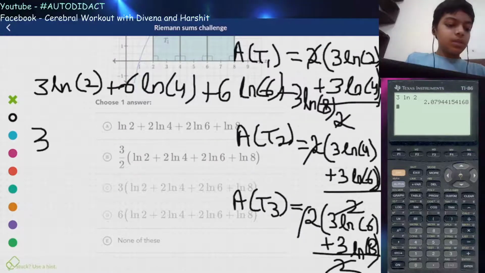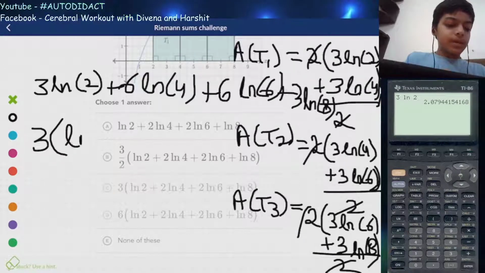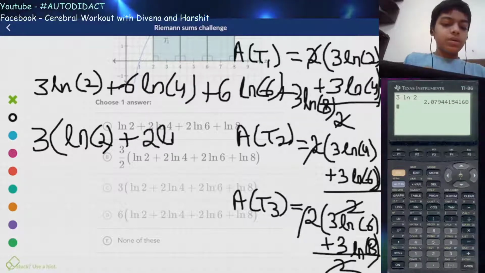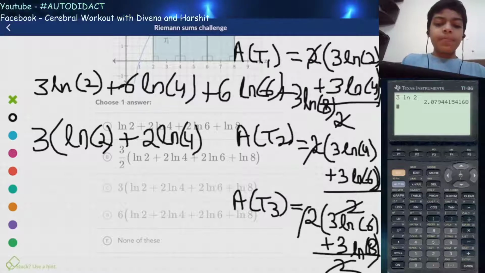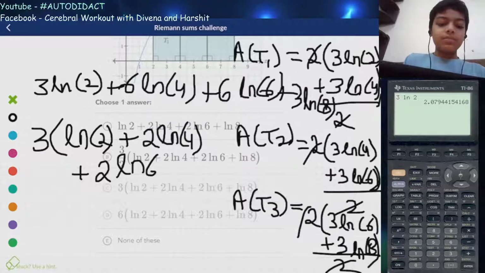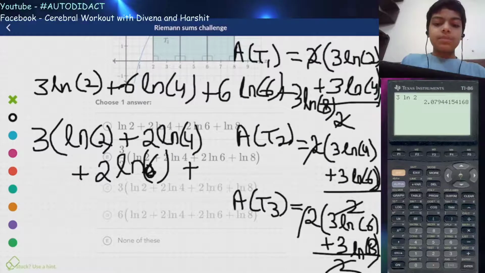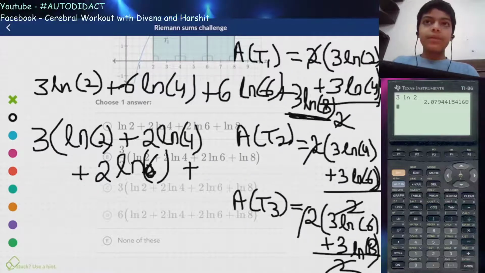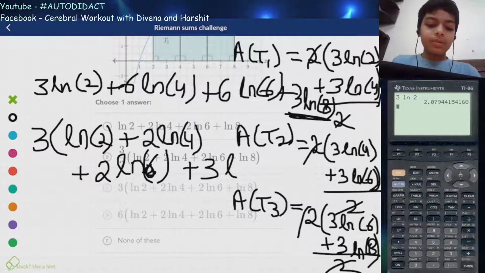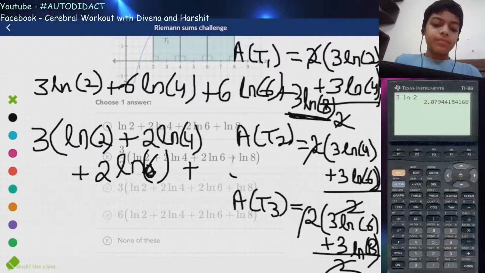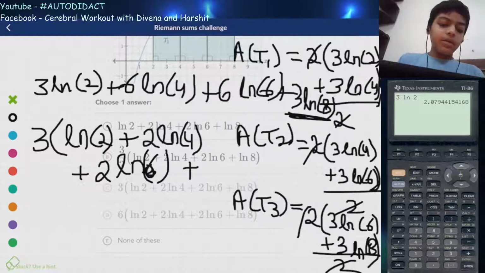Okay, so when we take out a common 3, this will be equal to 3 times ln of 2 plus 2 ln of 4 plus 2 ln of 6 plus, not 3, just 1, ln of 8.